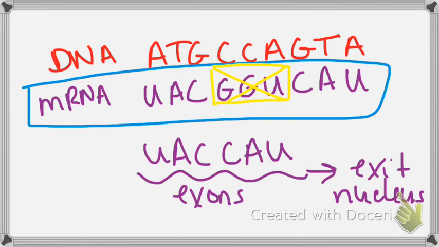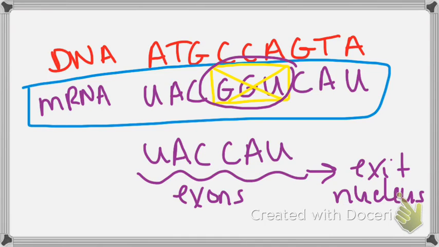Now we have a special enzyme that actually removes this intron and puts together the exons. This enzyme is called spliceosome. I'm not going to require that you know that, but I just want you to hear the name. It's splicing together the pieces.